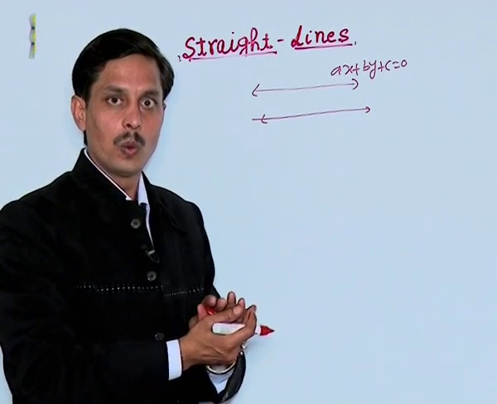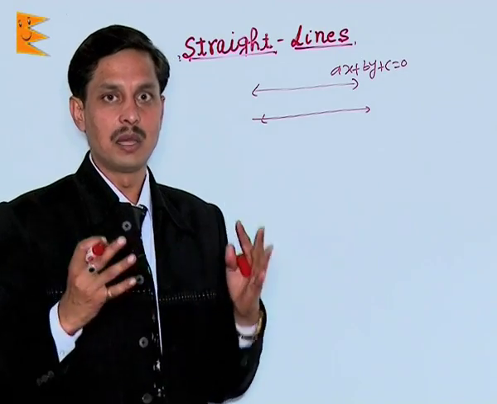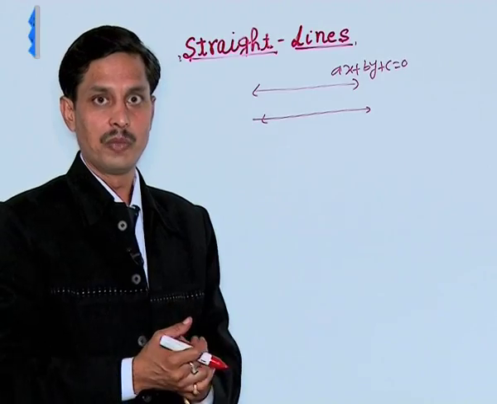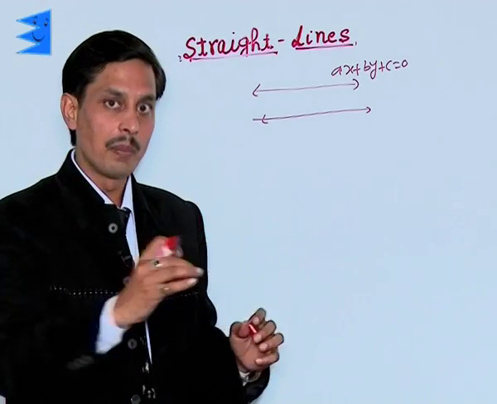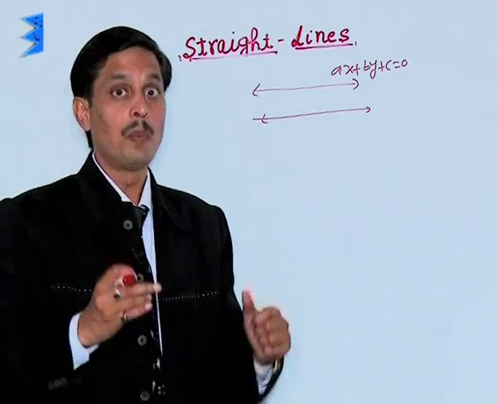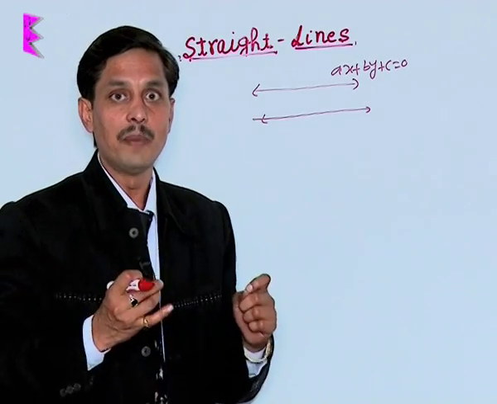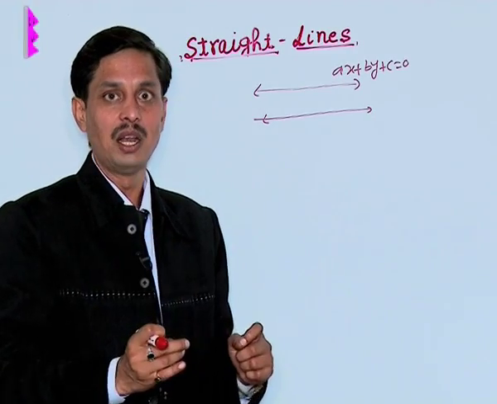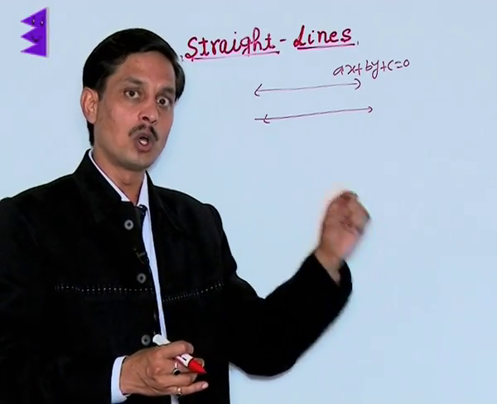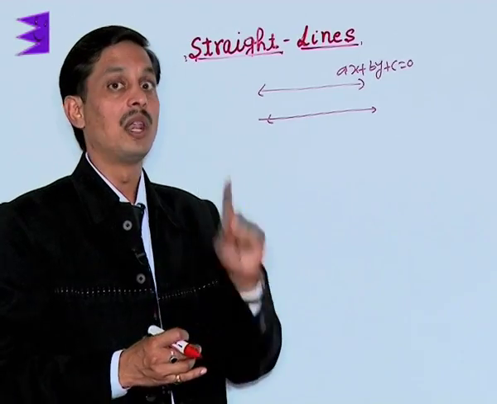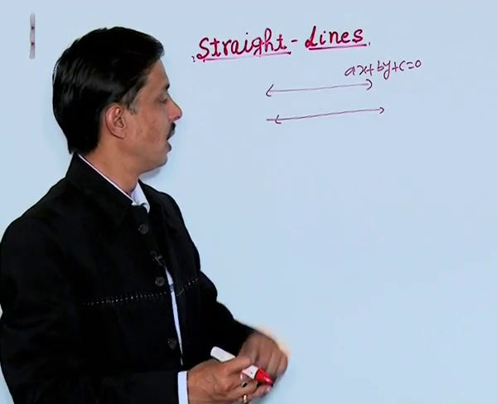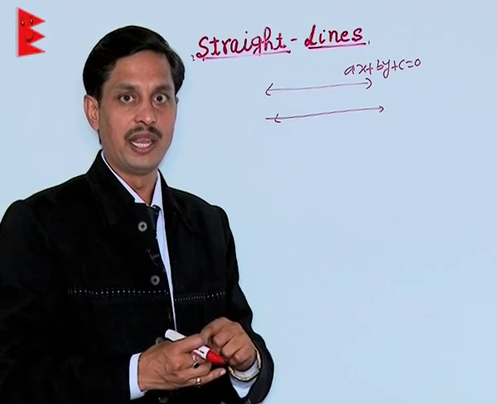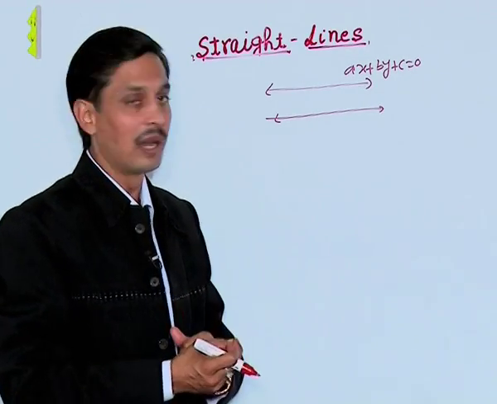I told you that all parallel lines in a plane have the same slope. If there are n number of lines which are parallel, and the slope of one of the lines is k, it means each line will have the slope k if they are parallel, or if the slopes of some lines are equal, the lines will be parallel. I want to explain the method of finding the equation of the line which is parallel to the given line.